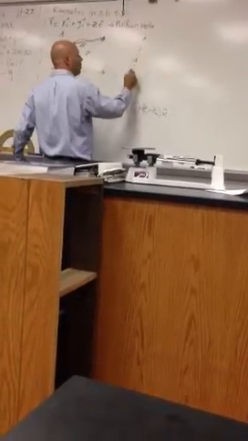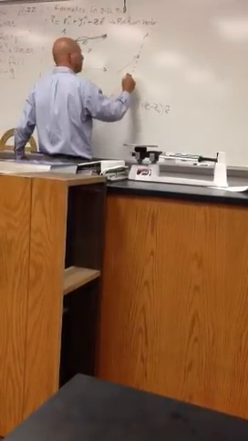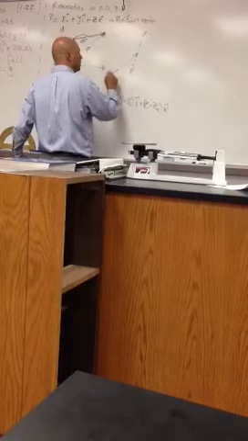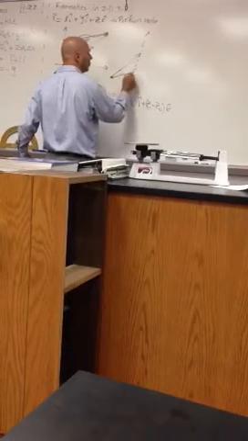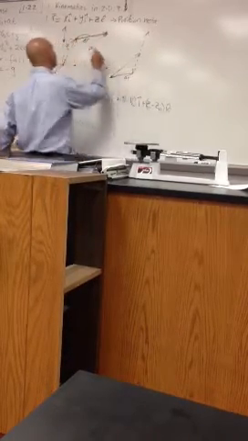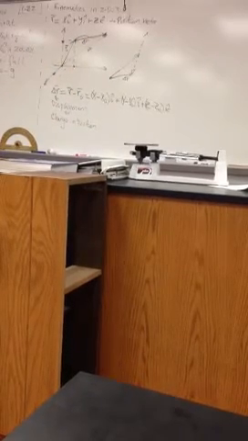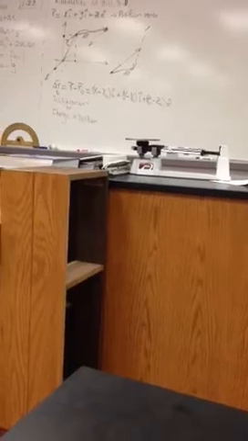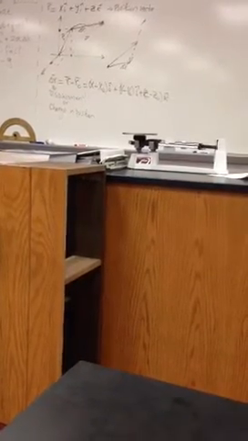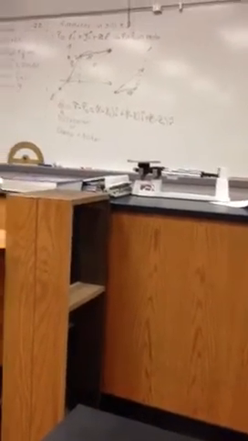But negative r0 is in this direction, and then delta r will be from here to here, which is this. This is how you subtract the vectors. So basically, that is the change in position from A to B, from a point to another point. All right, this is what we call change in position.